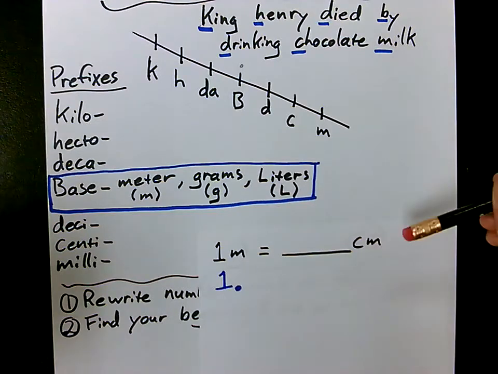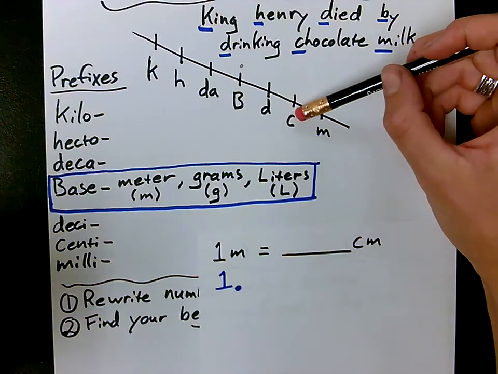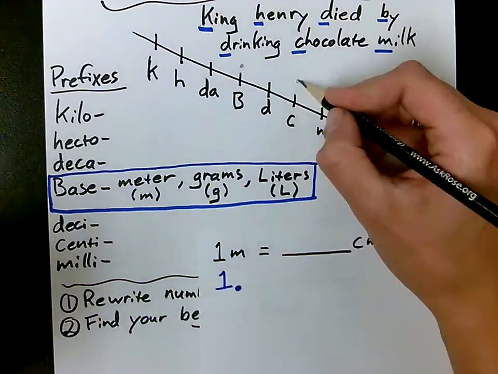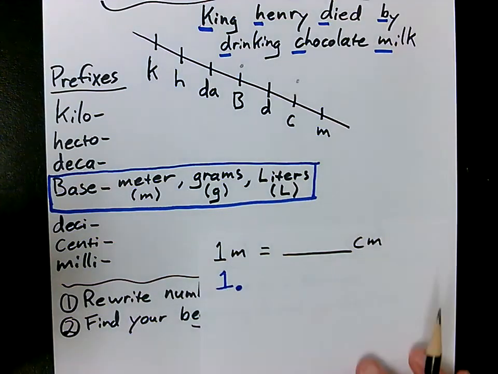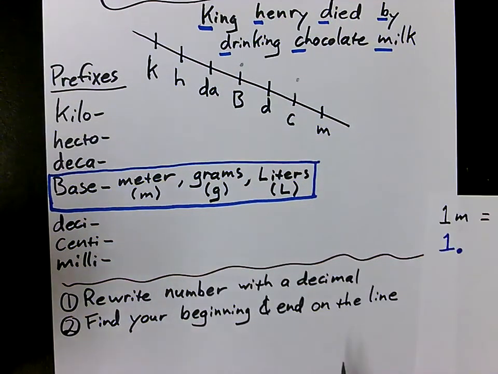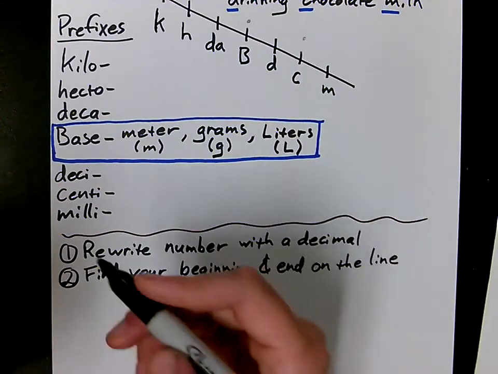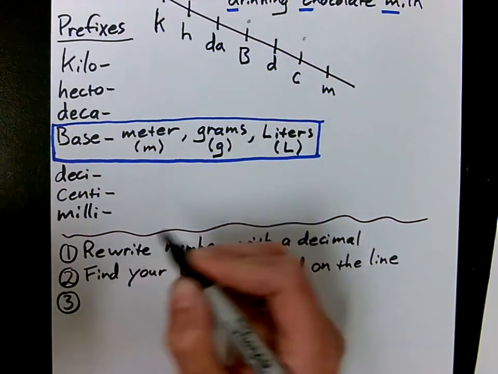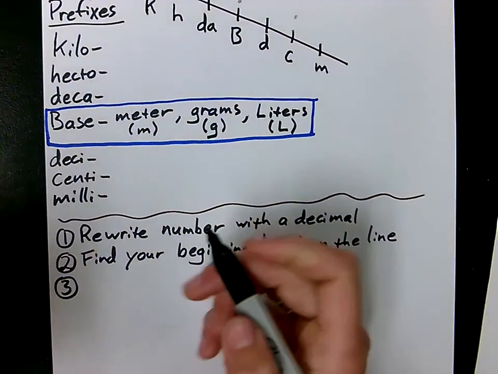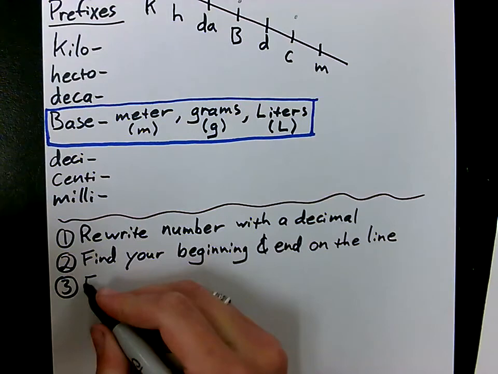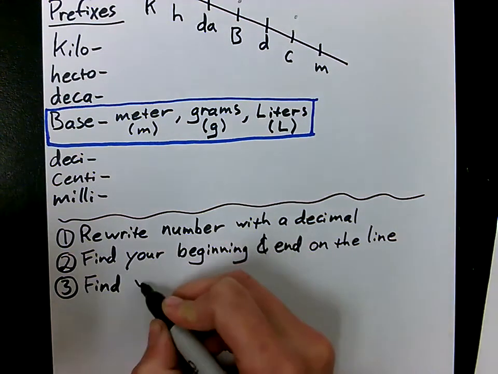Okay, so we are starting at 1 meter. Meter is a base unit, so we are starting right here. And then we want to end at centimeter. Okay, so then we go to our C for centi. Found our start point, found our end point. That's step number 2. Find your beginning and end on the line. Okay. Step number 3. This is sort of worded funny. It's the best way that I've thought to word it, is find your hops.